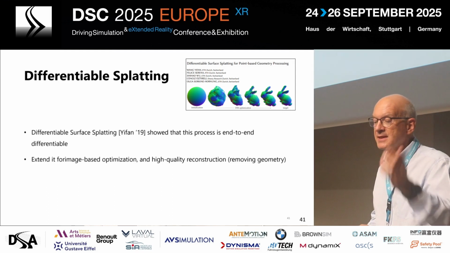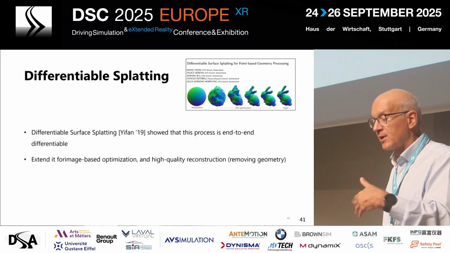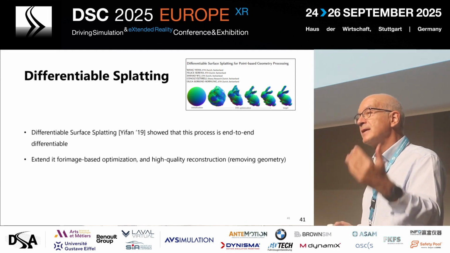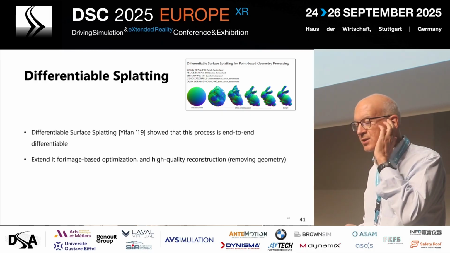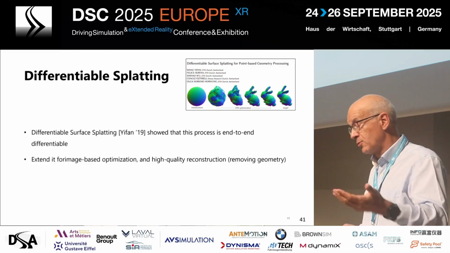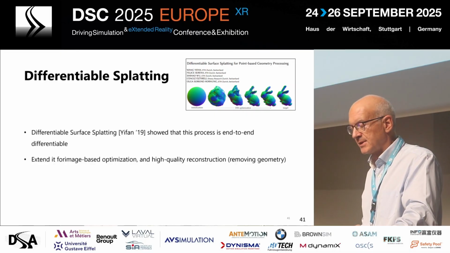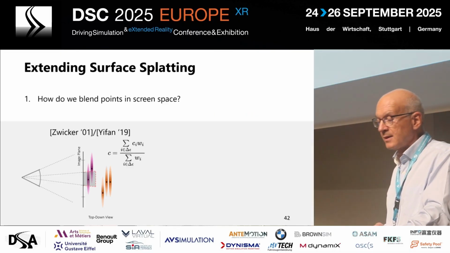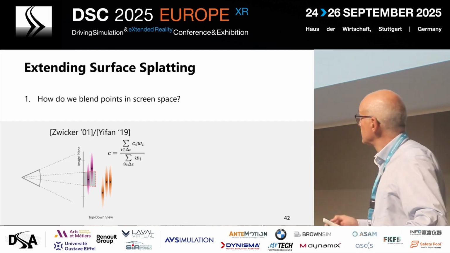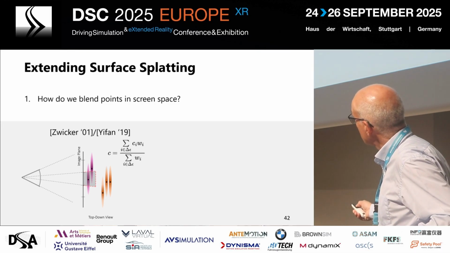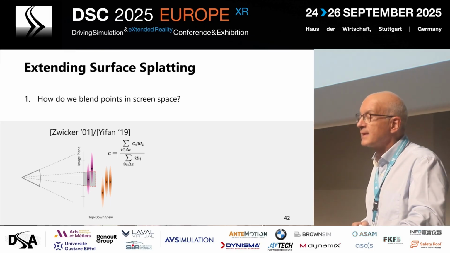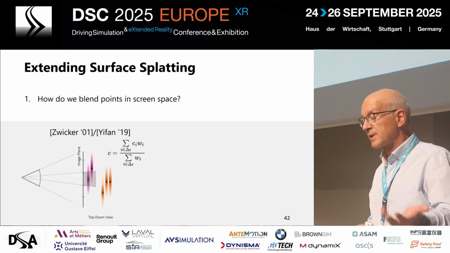Thankfully, colleagues at ETH developed a fully differentiable splatting pipeline, again in the context of geometry, so we had to adapt it for optimization and improving the quality of the geometry. In the original formulation, it was easy because people were sampling an existing geometry and they just could do a weighted average during the splatting.